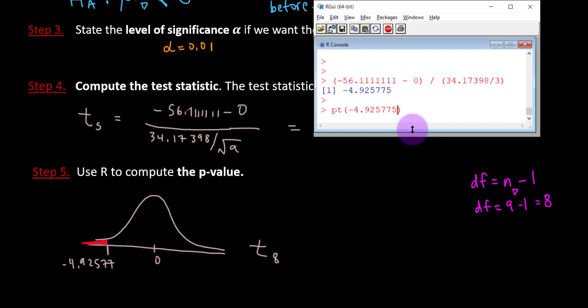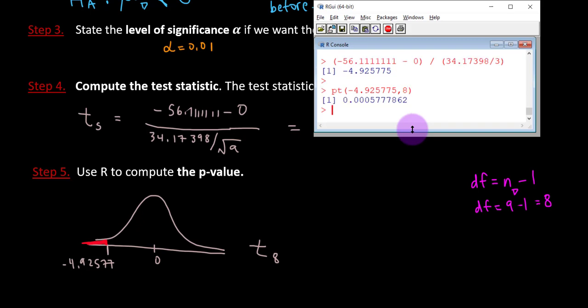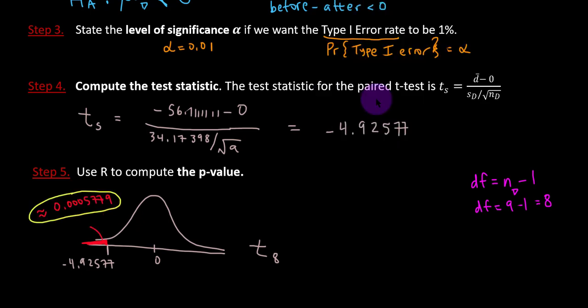I might as well use it all. The degrees of freedom is 8. Okay, so we've got a pretty small probability there, 0.0005777.